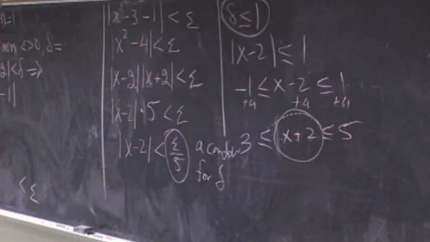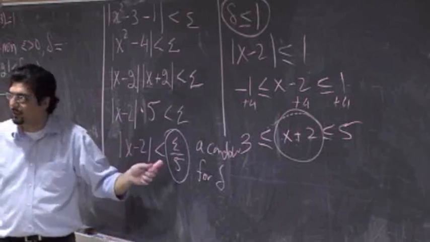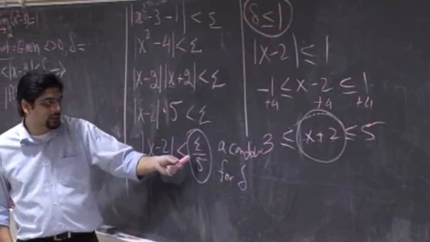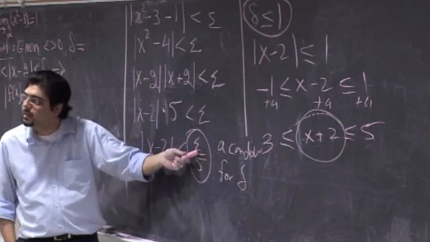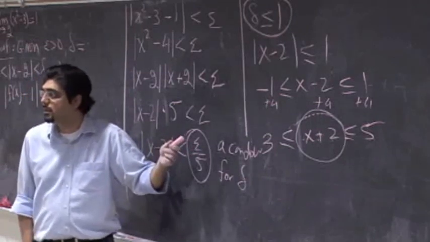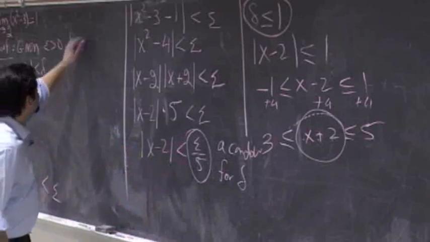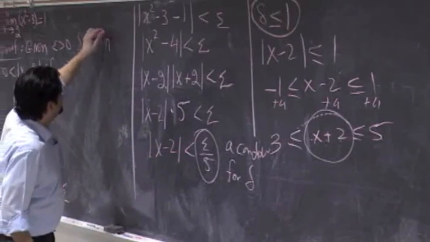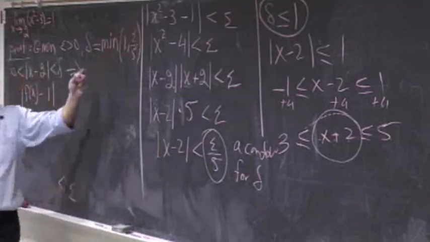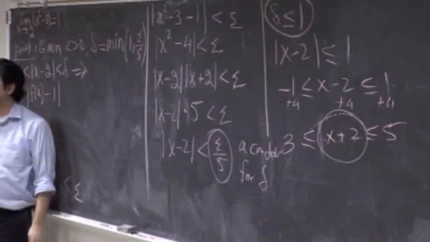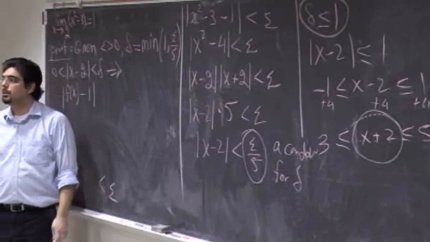So to guarantee that I get the good delta, I have to make sure that it's equal to this and that it's less than 1. So your delta will be the smaller number of 1 or epsilon over 5: the minimum of 1 comma epsilon over 5.